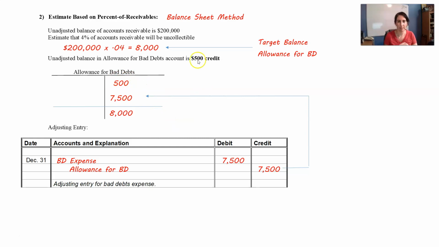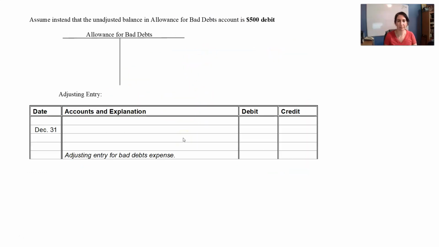So now, that was if there's a $500 credit balance in there. What would happen if there's a $500 debit balance in there? Okay, so we're looking at it differently. We still want the number to be 8,000. So what we're going to do is we need to credit it for 8,500 in order for that to work. That's why it's really helpful to see this in a T account occasionally, because if you'd made that mistake, you would have seen that the math wouldn't have worked.